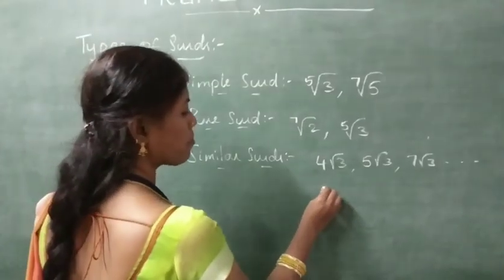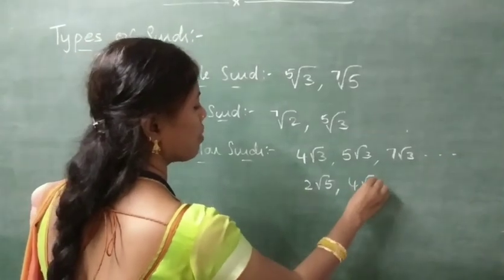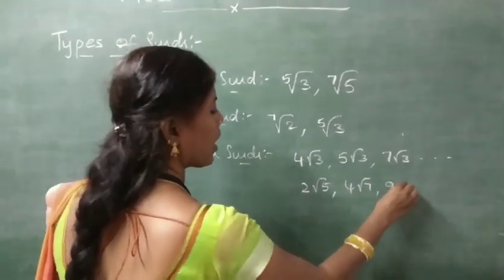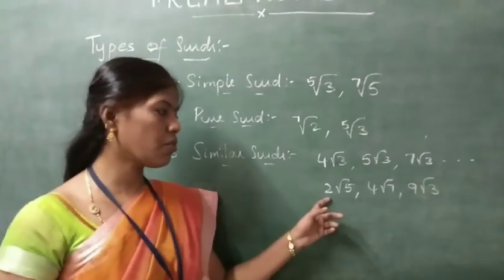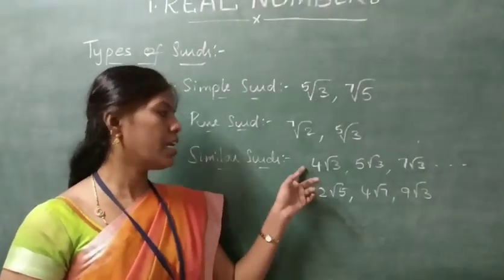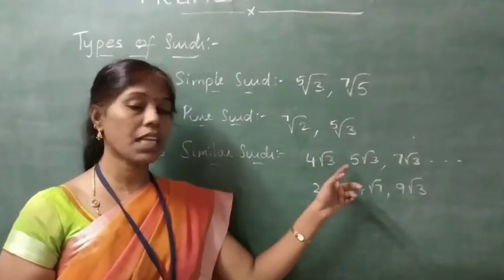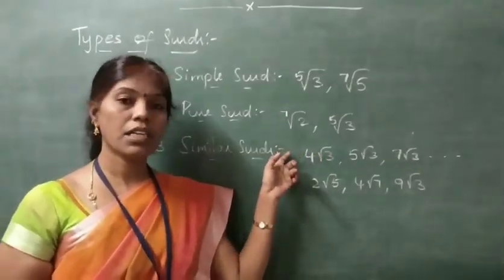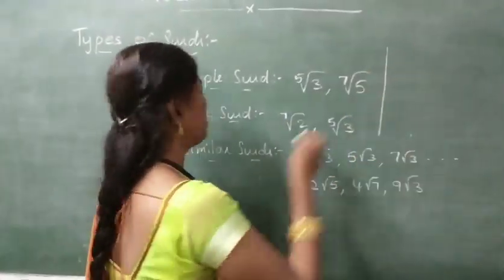If you take 2 root 5, 4 root 7, 9 root 3, then we call them dissimilar surds. Surds having different multiples of the same surd are similar surds.